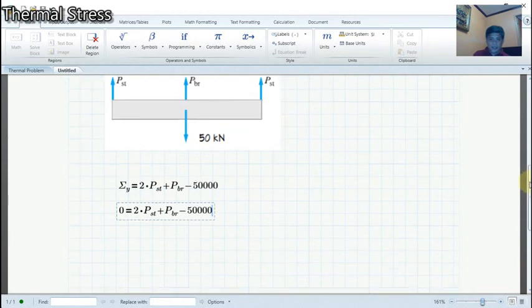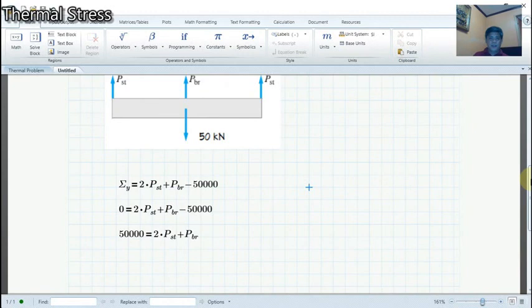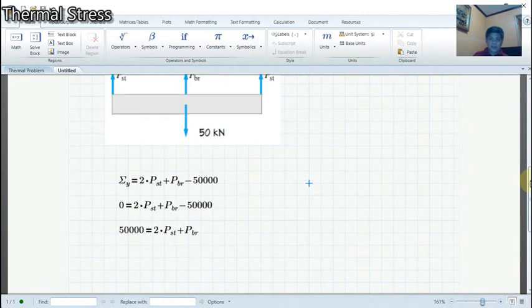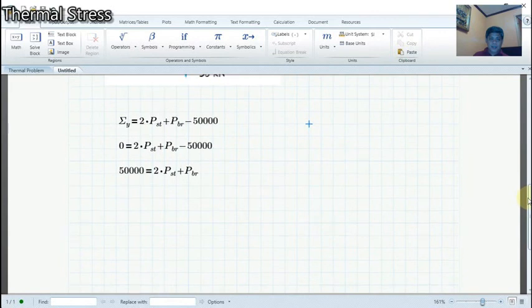Okay, so let us rewrite the equation. So we have now 50,000 is equivalent to 2 times PST plus PBR. Okay, so that would be our equation. But since we are asked to determine the stresses in each rod, it's better to express forces in terms of the stress. And we can do that using Hooke's law.